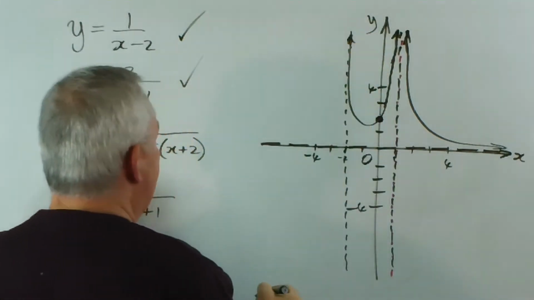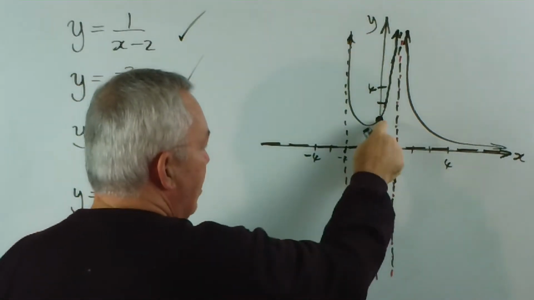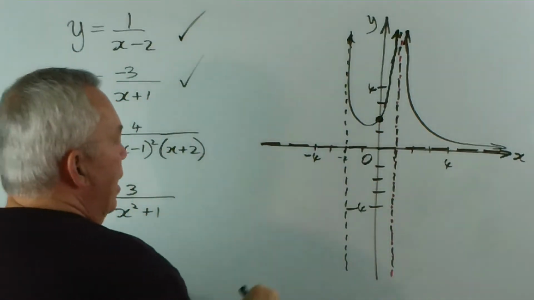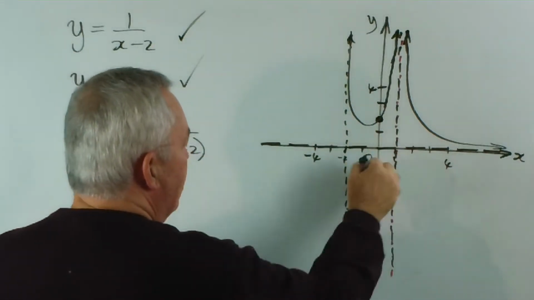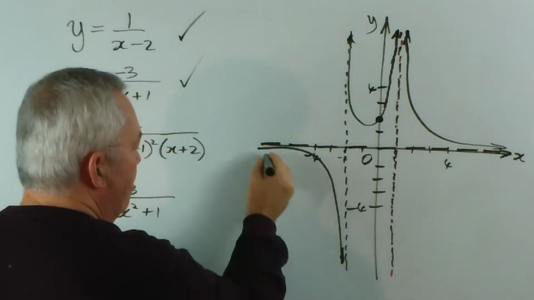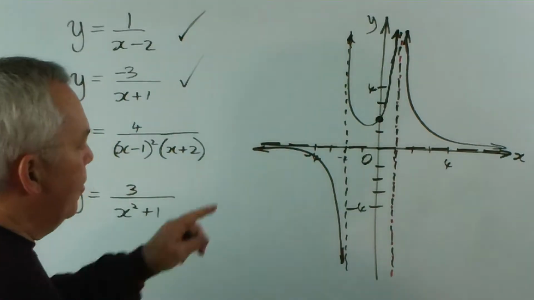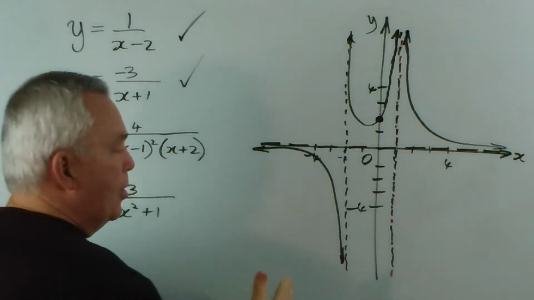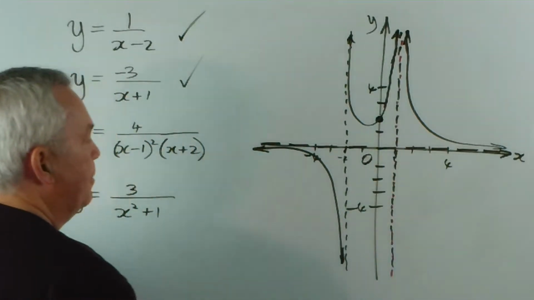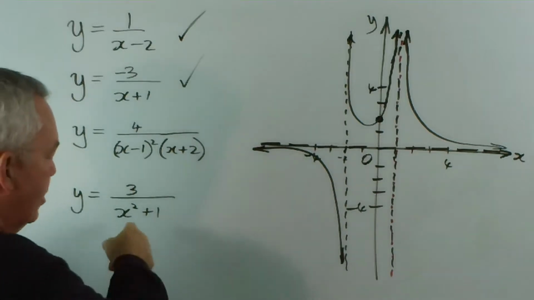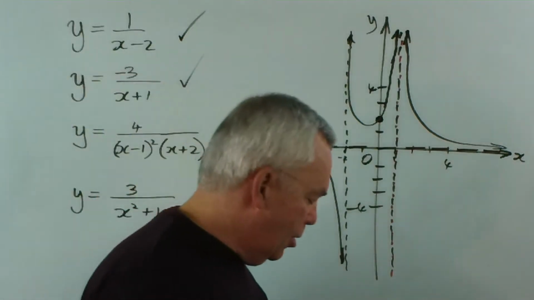In the next set of questions, we'll talk about when it might actually cross through. And then we have a normal asymptote and a normal asymptote, so we'll have a section of the graph here. So that's a graph of this particular function. And what made it a little bit tricky was having a double asymptote. So far, so good. Let's look at the last one, which is a little bit unusual again.